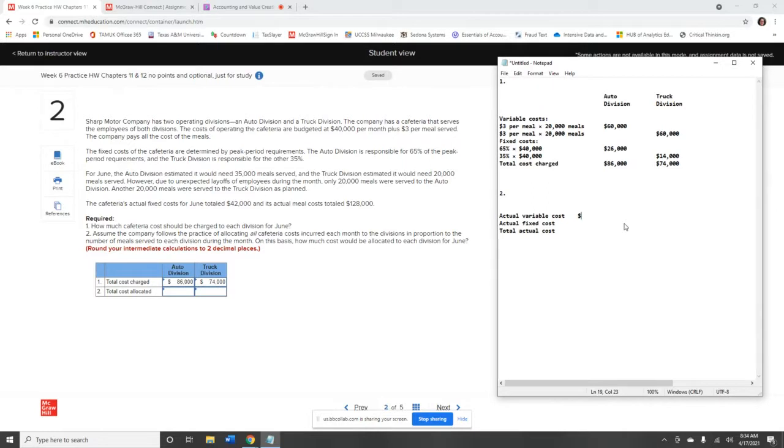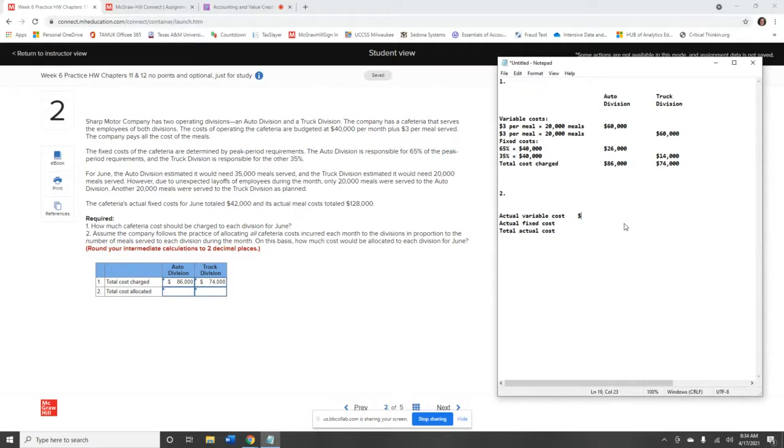But, you know, if it was, say, one had taken 10,000 meals and one had taken 30,000 meals, right? So then that would be 25-75, right? So you would total it and allocate it based on what percentage of meals each got.